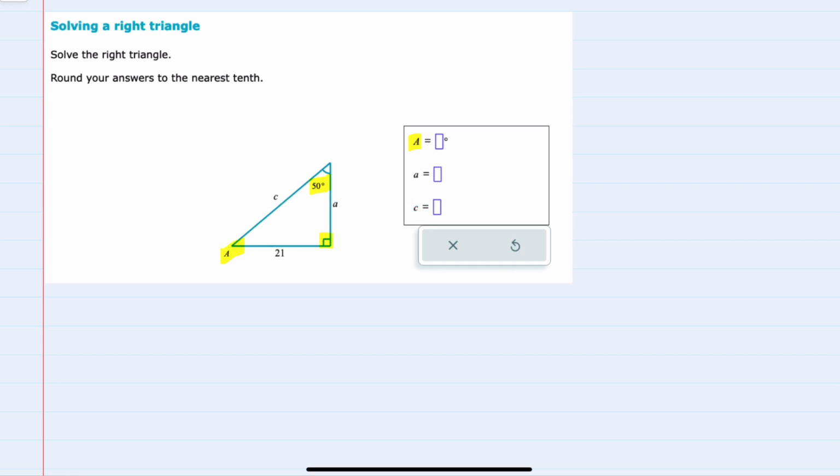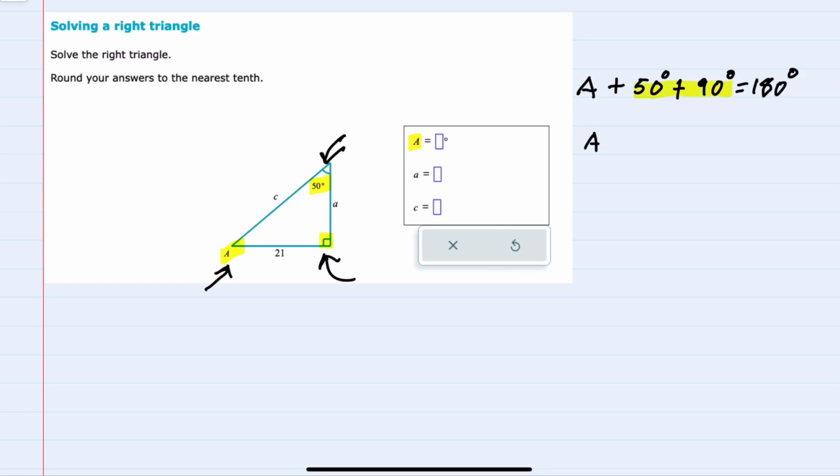I'll start by looking just at the angles. Since this is a triangle, we know that the three interior angles must add up to 180 degrees, and since A is the only unknown angle, I know that A plus the 50 degrees, the one on the top, plus the 90 degrees, the sum of those three must equal 180 degrees. From here, I can simplify.